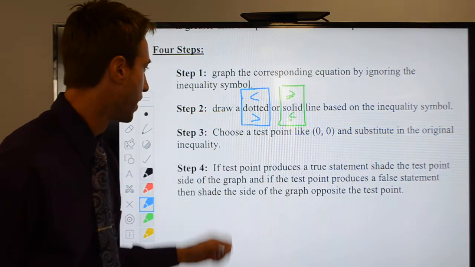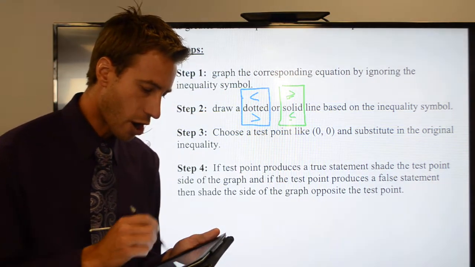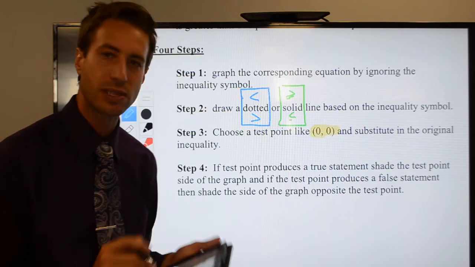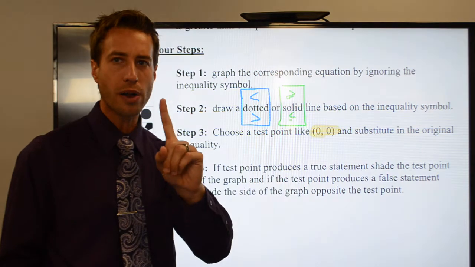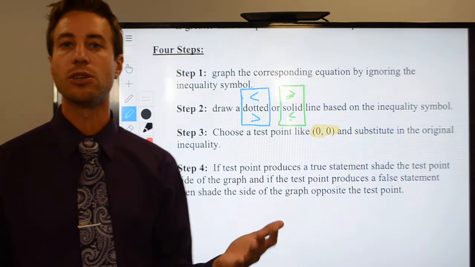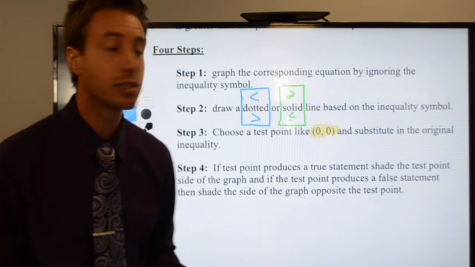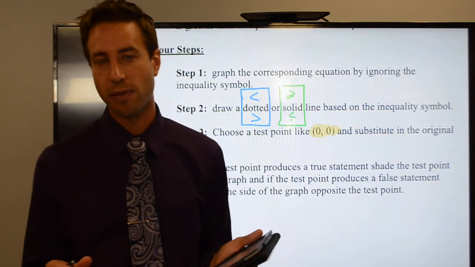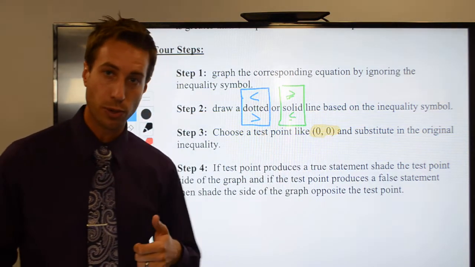So that's step 2. Step 3, we're going to choose a test point. Guys, we always want to work smarter, not harder. You like to use the point 0, 0, because 0, 0 is easy to do math with. But there's one reason why you wouldn't be able to use 0, 0, and that's if your line passes through the point 0, 0. It won't happen that often. In fact, it's highly unlikely that your graphs will go through the point 0, 0.